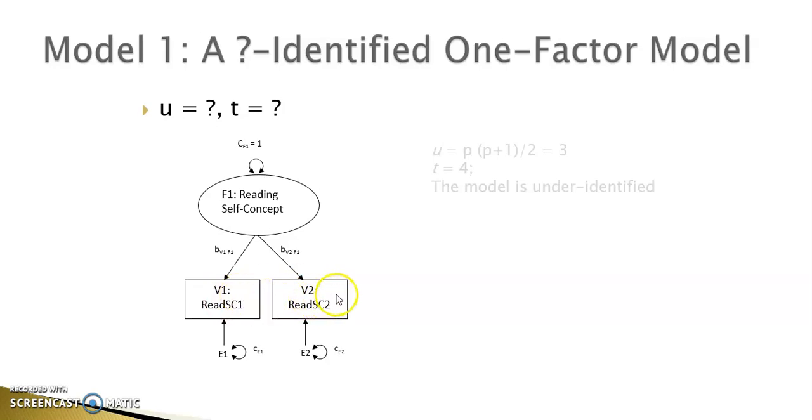Given that we have 2 measured variables, there are 2 times 3 divided by 2, 3 unique values in the variance covariance matrix. So t is greater than u. This is an under-identified model.